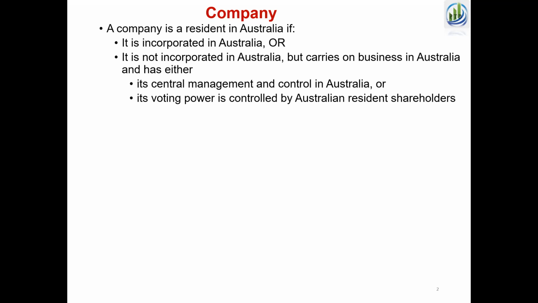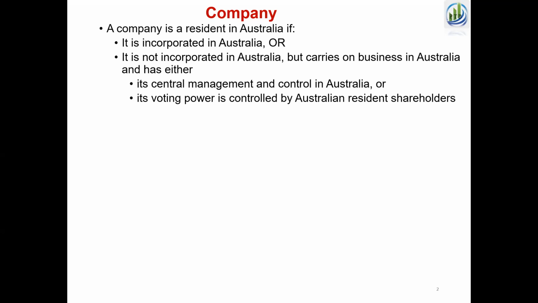Or you are incorporated outside of Australia, however you're doing some business here and your shareholding is held by Australian residents more than 50%, it means the voting power is controlled by Australian resident shareholders, so you will be a resident company for tax purposes. So now we can clearly identify which one is an Australian resident company and which one is an Australian non-resident company.